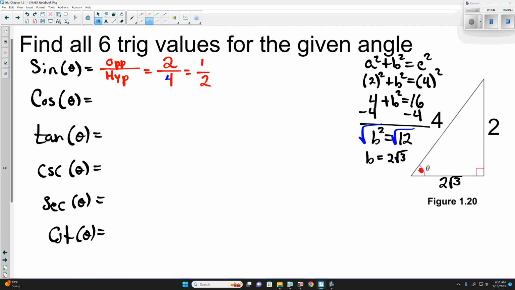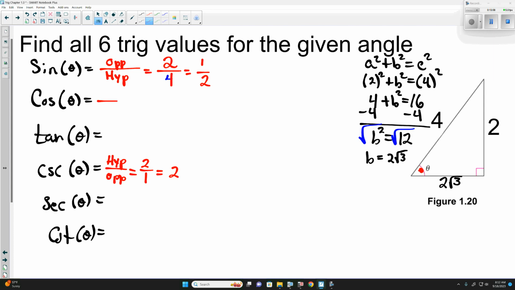Cosecant should be 2/1 or just 2, because it's the hypotenuse over the opposite side. Really, it would be 4/2, which just reduces to 2. Or we could flip it and just say 2.